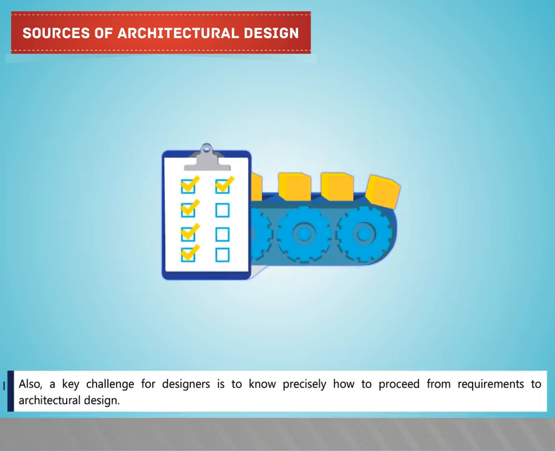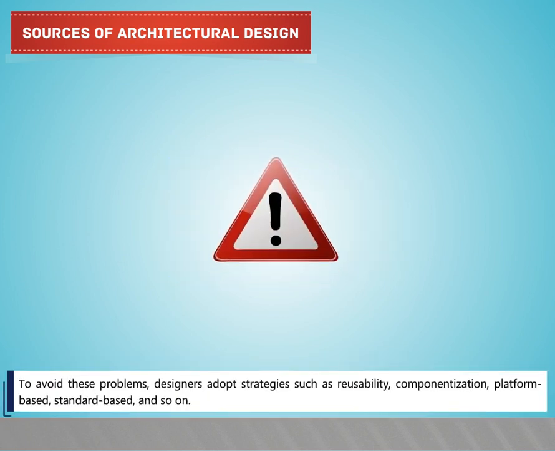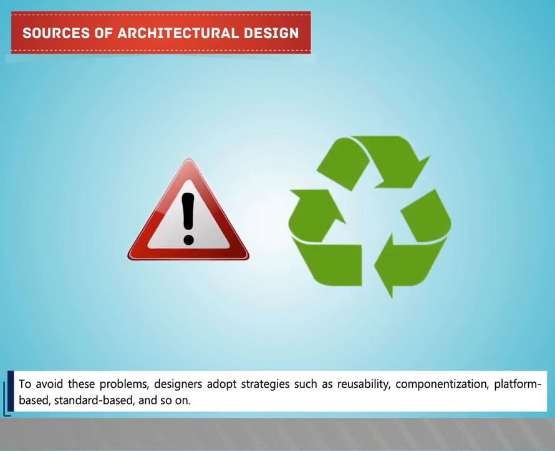Also, a key challenge for designers is to know precisely how to proceed from requirements to architectural design. To avoid these problems, designers adopt strategies such as reusability, componentization, platform-based, standard-based, and so on.